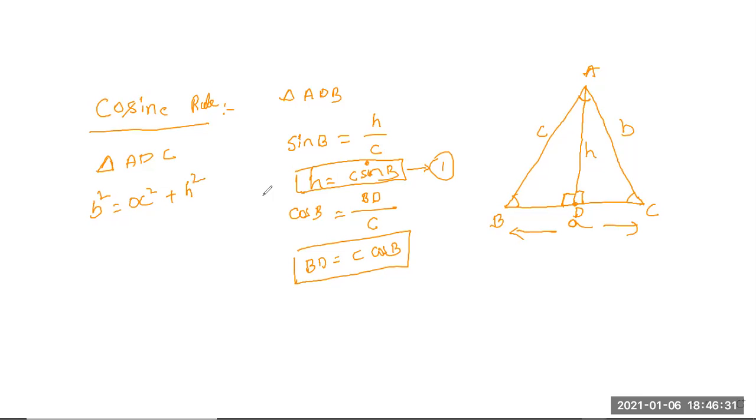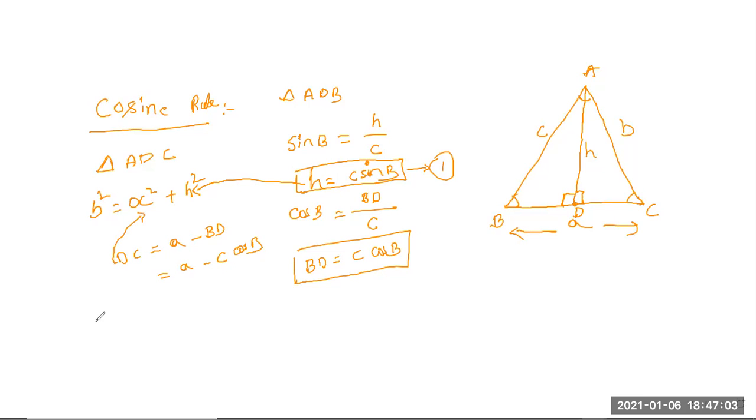You substitute H is equal to C sine B here, and you know DC is nothing but A minus BD, right? This is total BC minus BD. BC is nothing but A. BD is C cos B. So you can substitute DC as A minus C cos B.